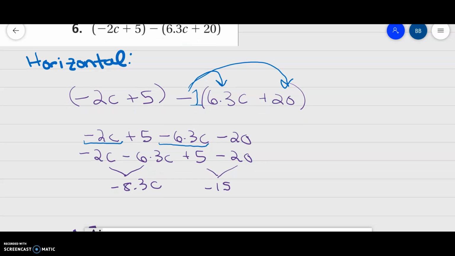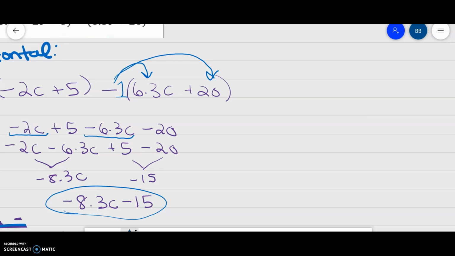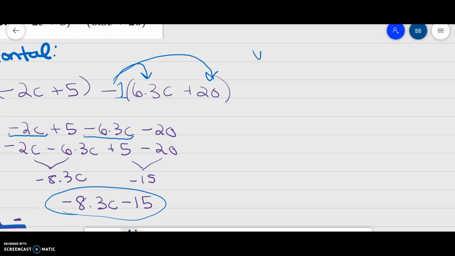And so I can rewrite this as negative 8.3c minus 15, and that would be our final answer when simplified. All right, let's show the vertical method. We'll get the same answer, just a different method of doing it.